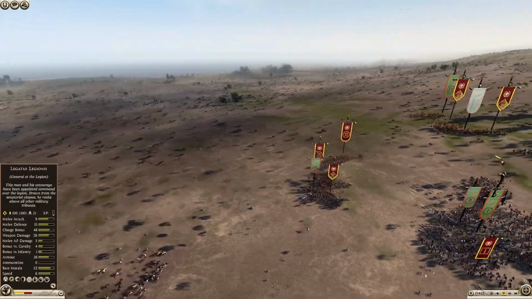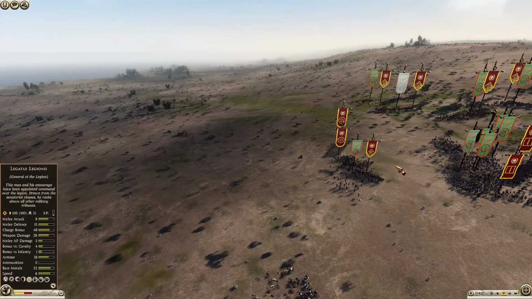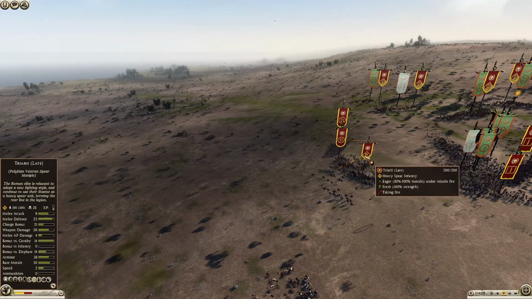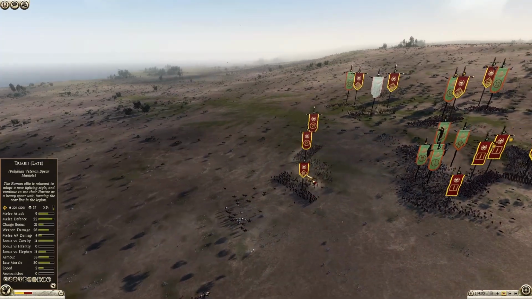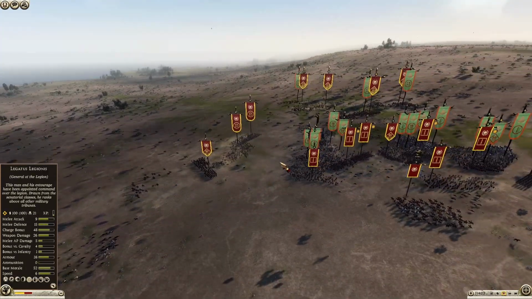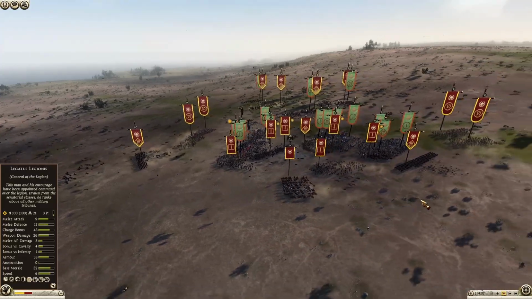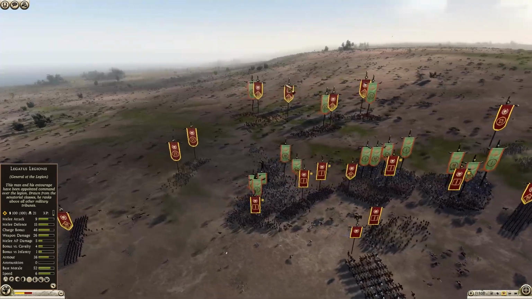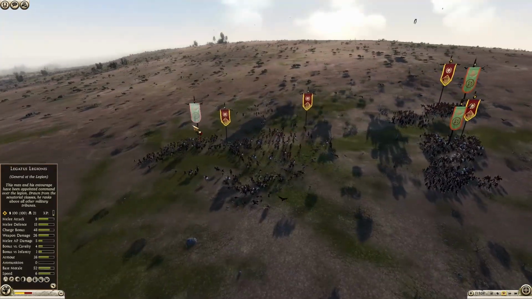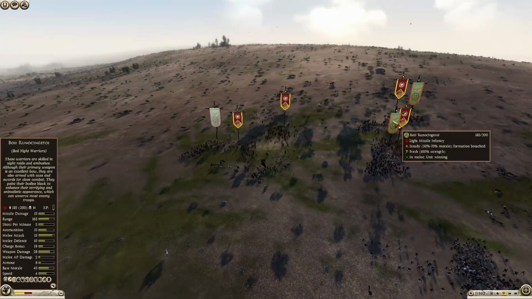That's pretty bad, but we always have reserve as a Roman. We have a triary here protecting the velite, so we should be fine. The triary will defeat any kind of cavalry in the game, while our cavalry is killing the enemy.